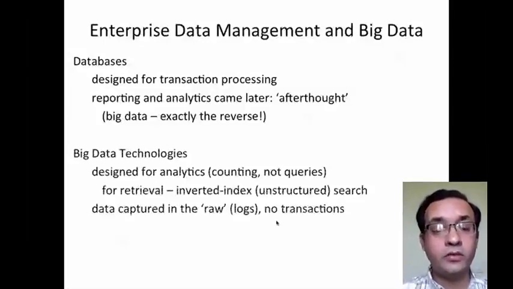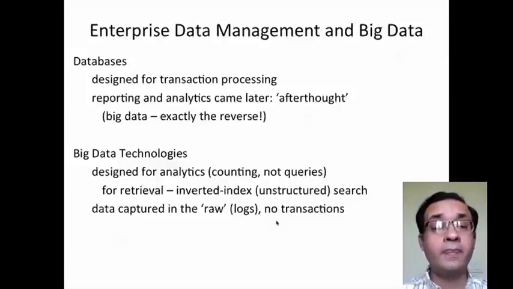Big data technologies, on the other hand, were designed for analytics. Computing classifiers like the Bayesian classifier we discussed earlier in the section on text. Not really for making queries. For example, one would rather not run a batch MapReduce job to select 5% of the rows in a table.